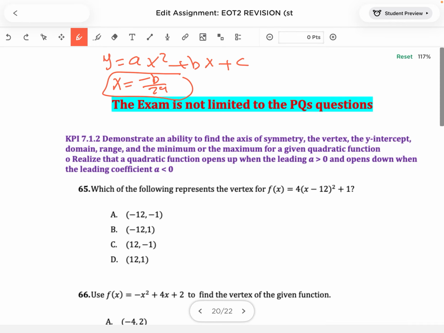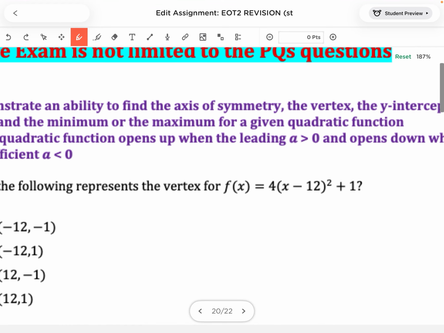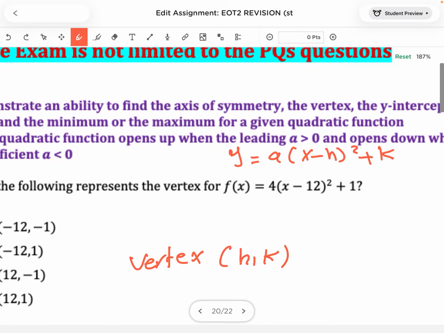But we have another formula that we can compare it with this one. It is y or f of x equals a times x minus h squared plus k. Well, the vertex can be found directly by knowing the values of h and k.